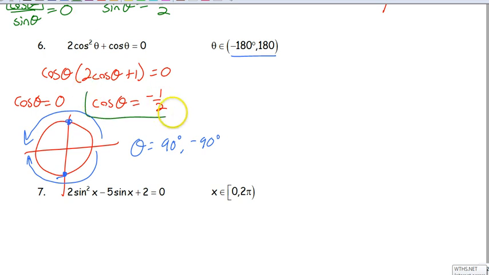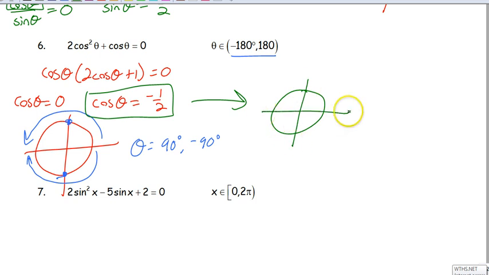Now I'm going to do this part where cosine's negative 1/2. Negative 1/2 is a smaller angle in the x direction, so it's right here. It's a 60 there, and it's a 60 there. I don't need to draw those. So there's cosine is negative 1/2.